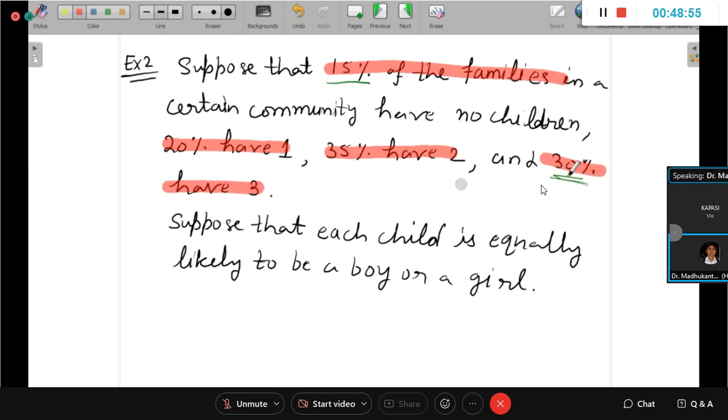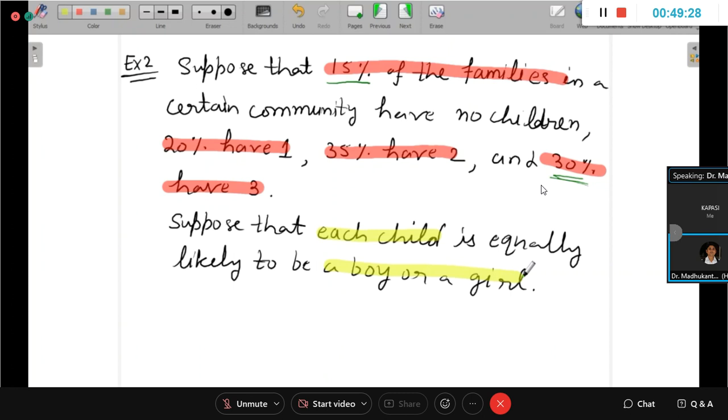So in total, if you sum up 30, 35, 20, 15, that will be 100. And also it is given that each child is equally likely to be a boy or a girl. So if you distinguish boy or girl, it's with probability 1 by 2 each, equally likely.